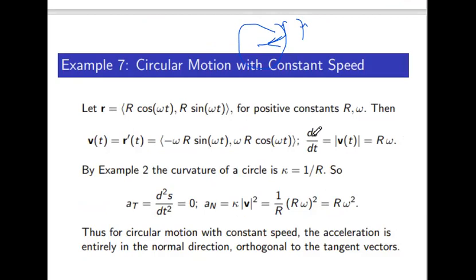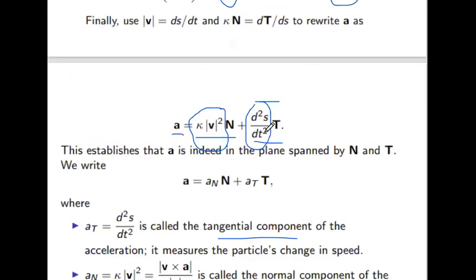When you differentiate it with respect to t once, you get 0. So d squared s by dt squared is equal to 0 because there is no time term here. This is a time independent quantity. That means the tangential component of the acceleration is 0.